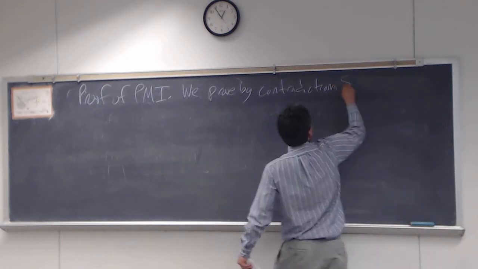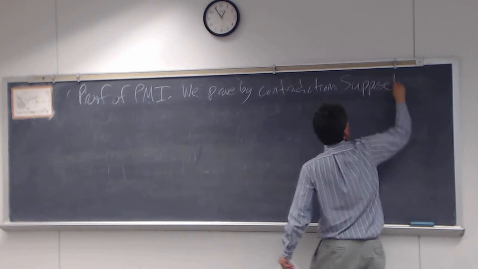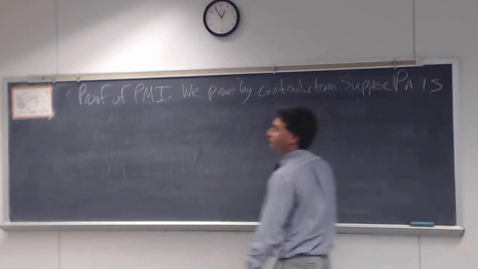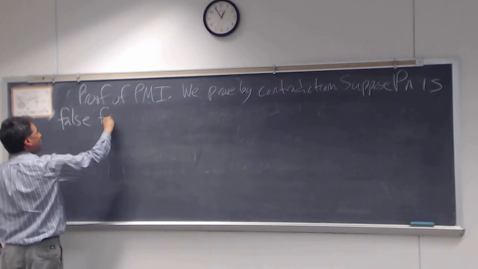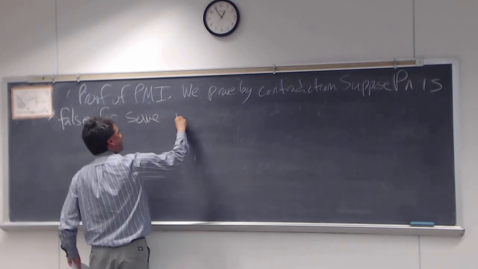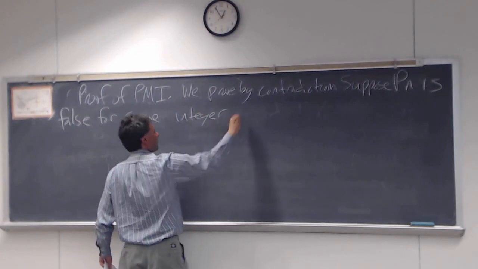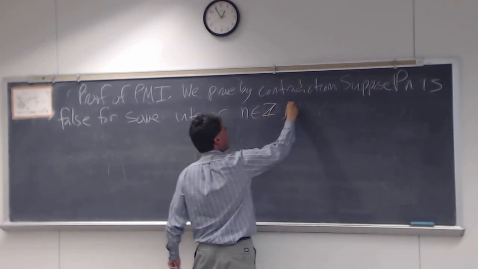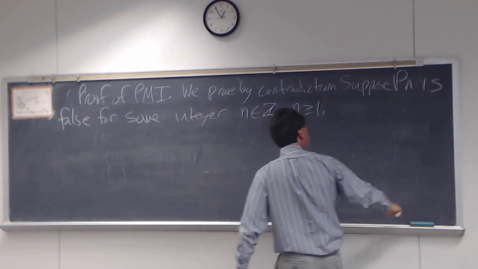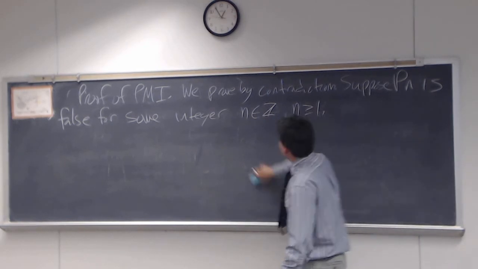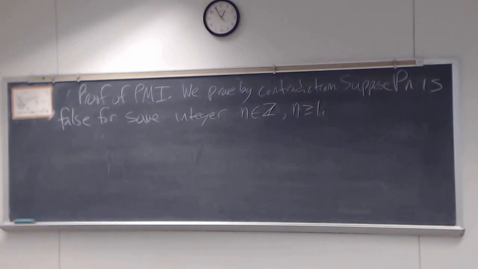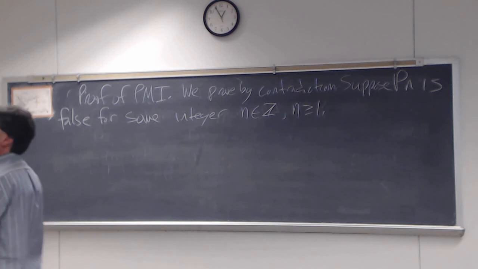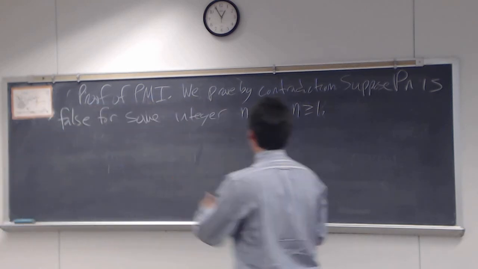Suppose Pn is false for some positive integer n. And again, since we're dealing with integers, the inequality n strictly greater than 0 is the same as the inequality n greater than or equal to 1 for integers.